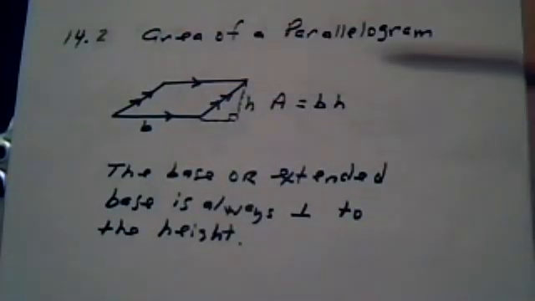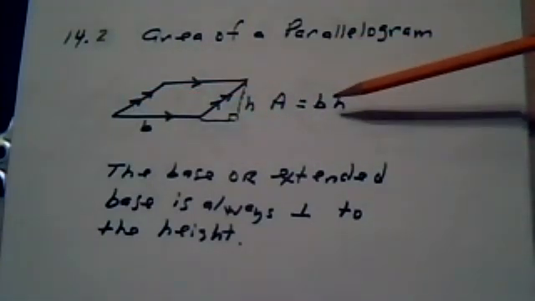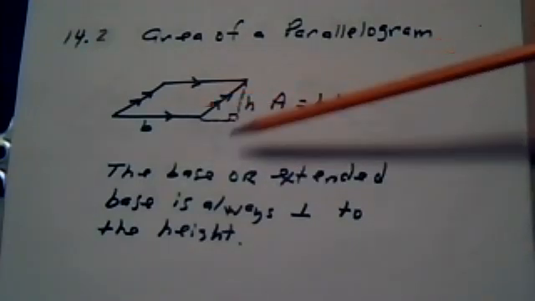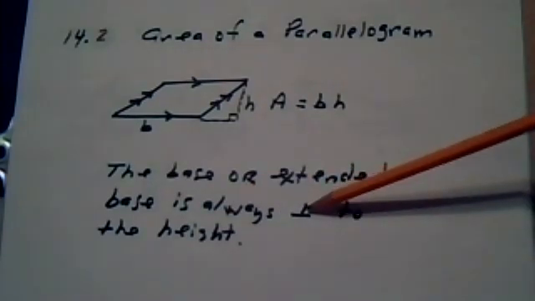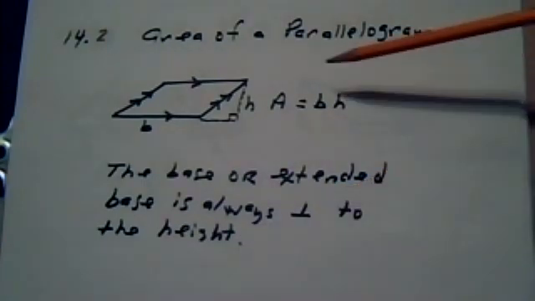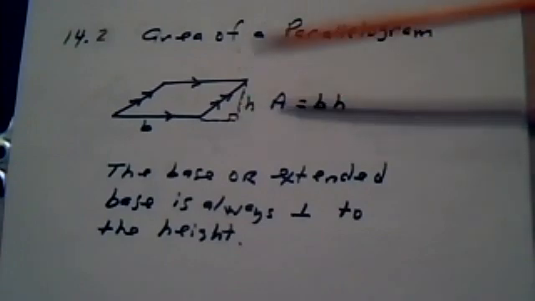It's the base times the height. Now notice the base, in this case the extended base, is always perpendicular. This is the symbol for perpendicular to the height. Anytime you mention a height in any formula, perpendicular has to be there. The 90-degree angle has to be there by definition.